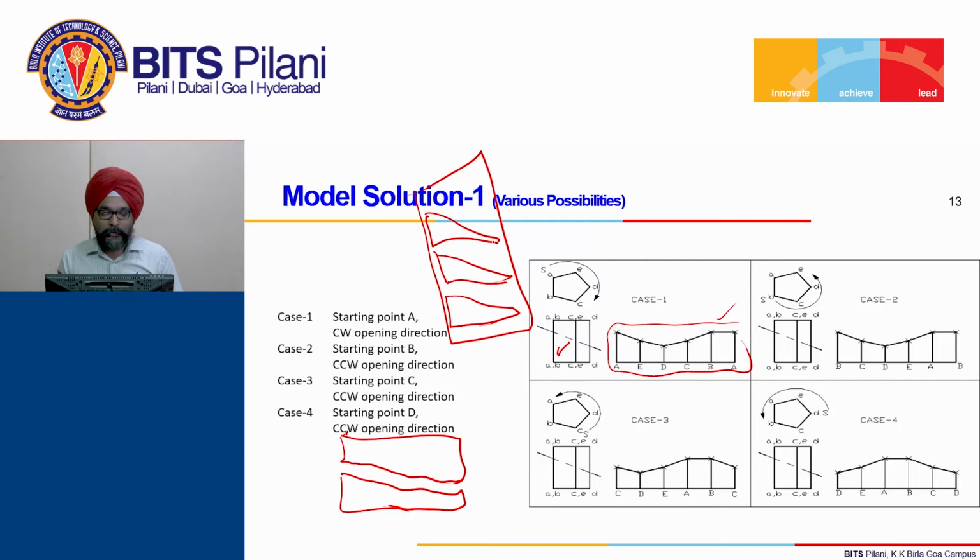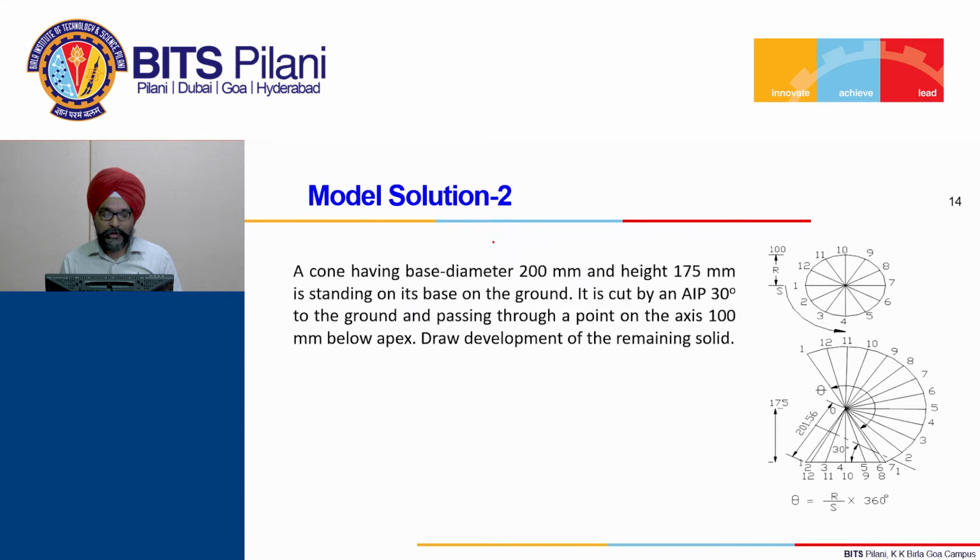So, different options of starting points offer you a possibility to improve the productivity, material productivity, particularly for sheet metals. That was the practical point.